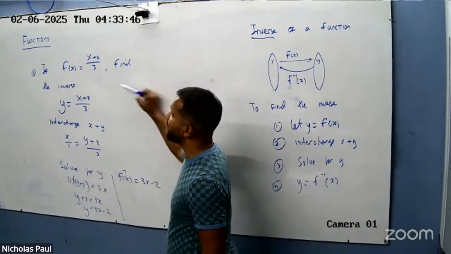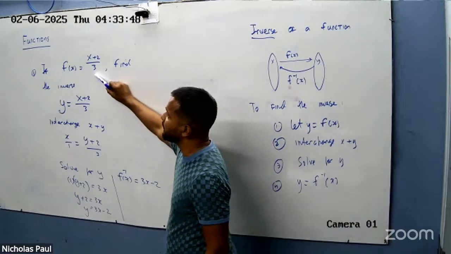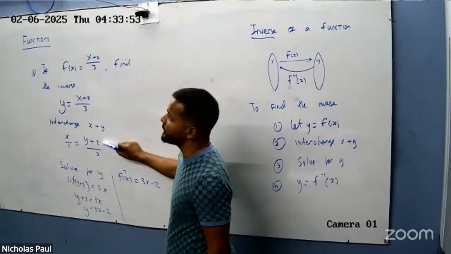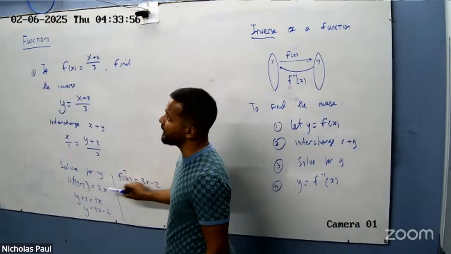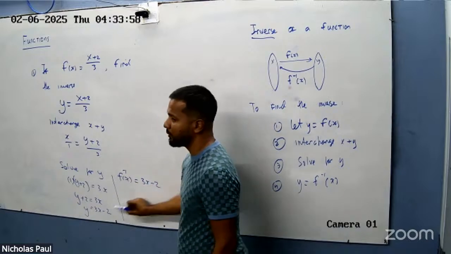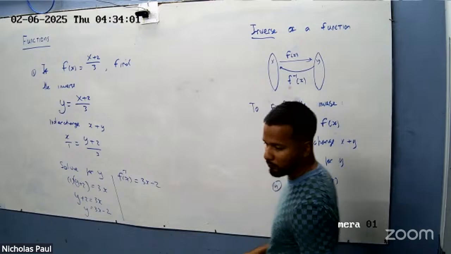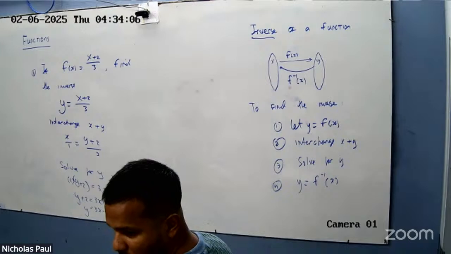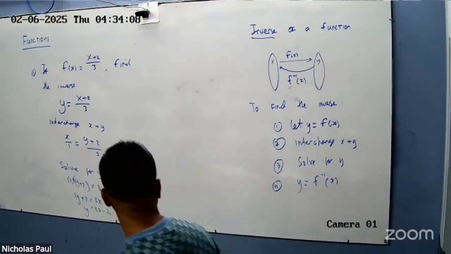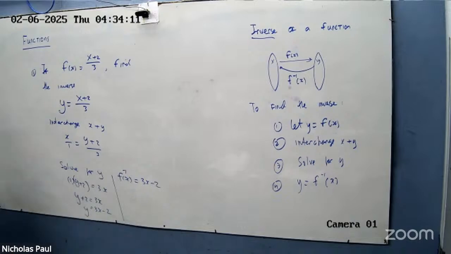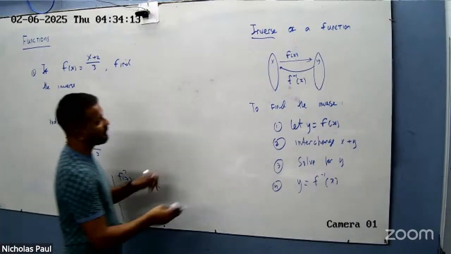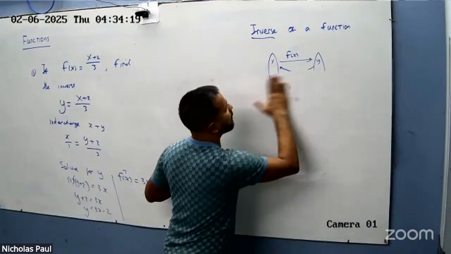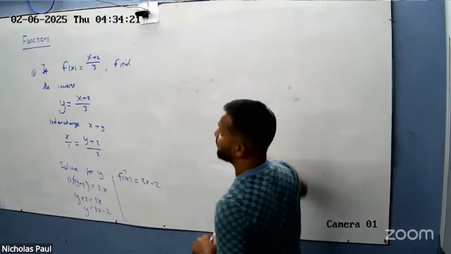Samira, so I made this equal to y, I interchanged x and y, cross multiplied, and then I made y the subject of the formula here. Samira, you okay with that? Yeah.